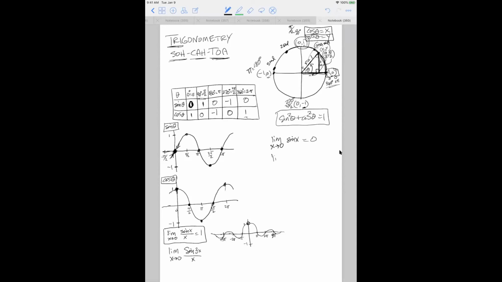And the limit as x goes to 0 of cosine x: notice what's happening. You come in from the right, you come in from the left, it's approaching 1 as x goes to 0.